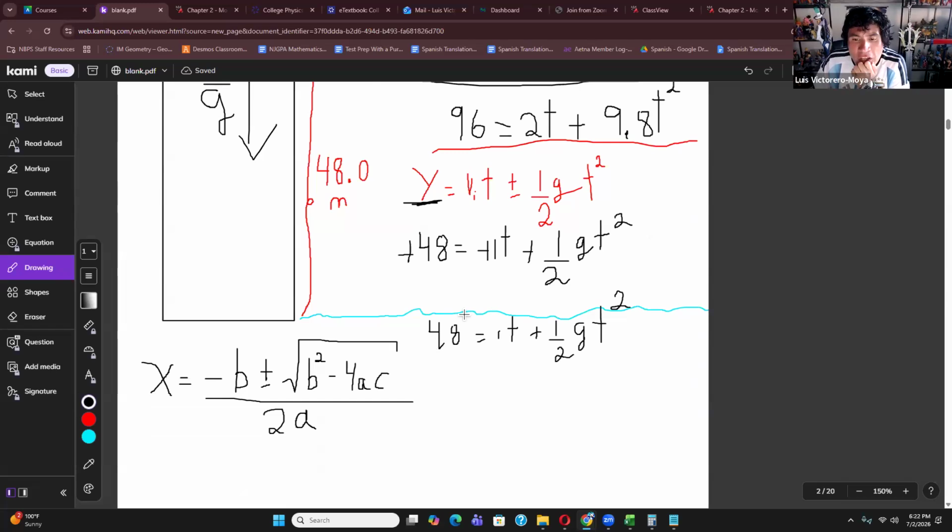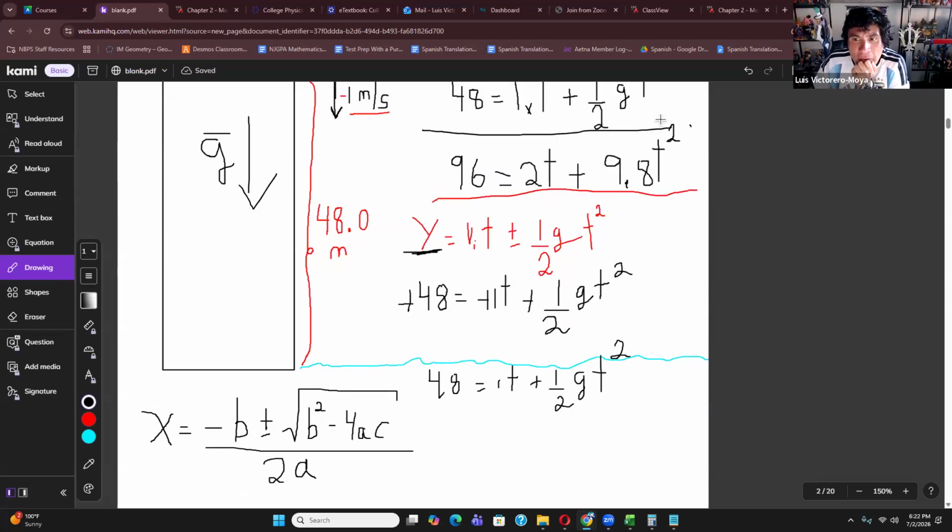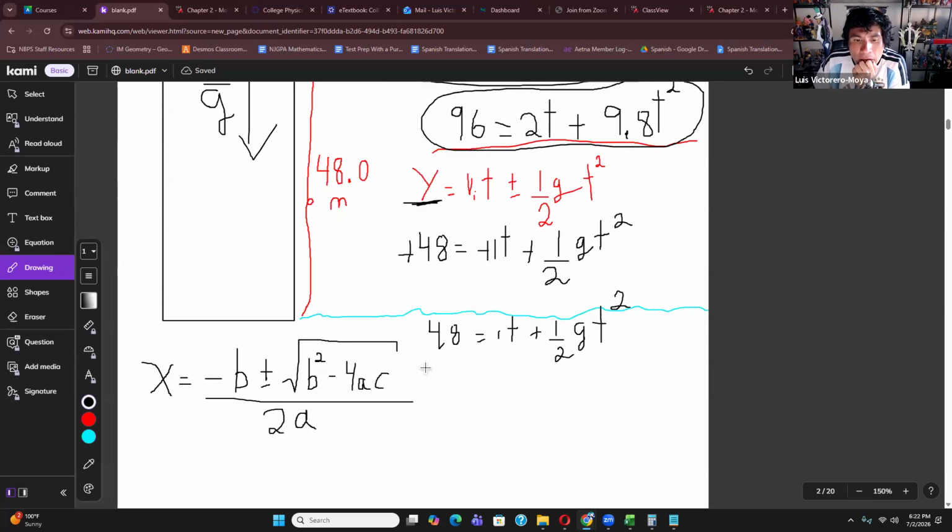So you have a quadratic equation here, which is here, by the way. You have gravity over 2. Actually, I multiply the equation by 2. Why? Because if I multiply by 2, look what happens. 48 times 2 is 96. This becomes 2t. And why do I multiply by 2? So I can cancel this 2. So plus 9.8, gravity, t squared.